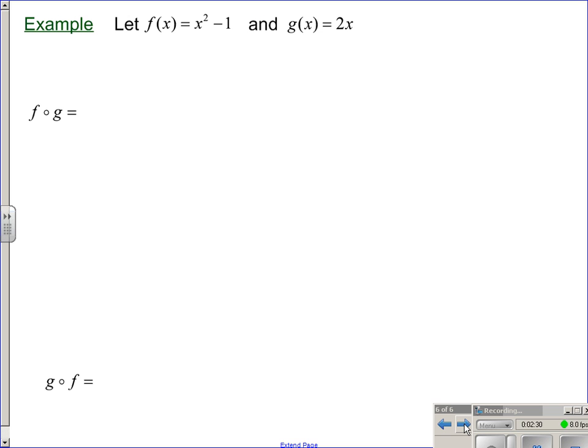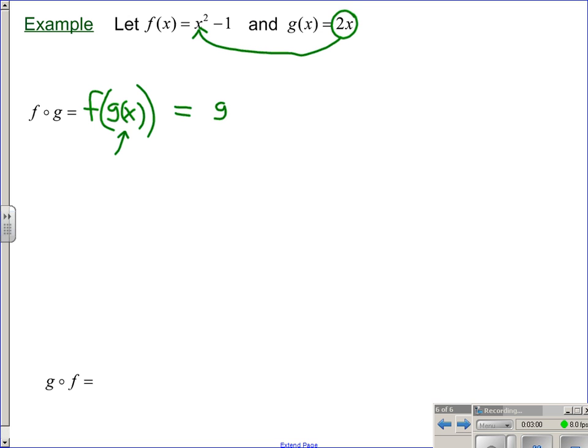We're given two functions, f of x and g of x. This composite function, again, this way is fine, but I prefer seeing it this way. It makes a little more sense of what we need to do. We're going to plug function g into function f. Function f is x squared minus 1. We're going to take function g, which is 2x, and plug it into function f.